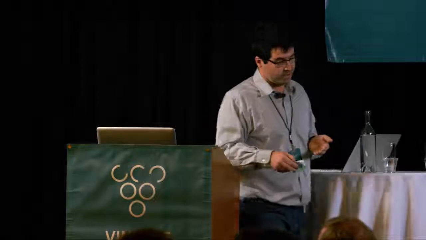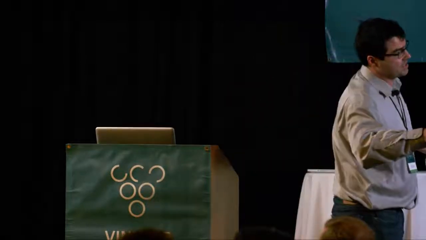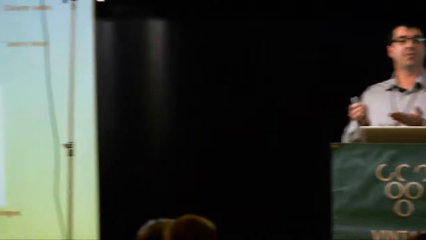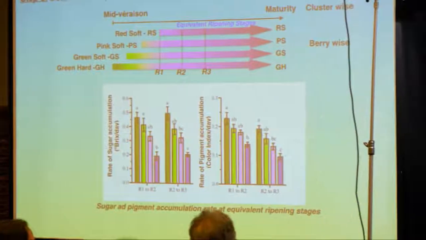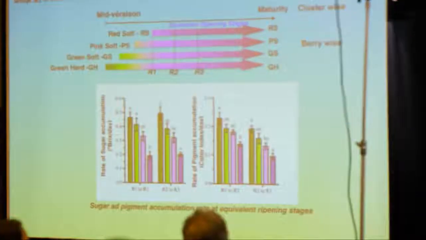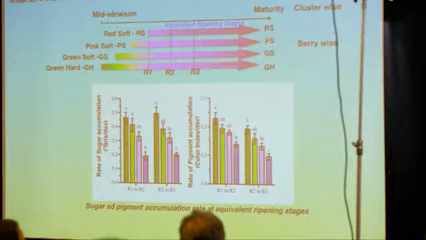And when we did this, what we observe in the lower panel is that the green berries tend to accumulate more sugar than the red berries when the green berries have reached an equivalent ripening stage, which occurs 2 weeks after the moment they have reached a red soft stage. So you have an enhancement in those berries, in terms of pigment, in terms of sugar.